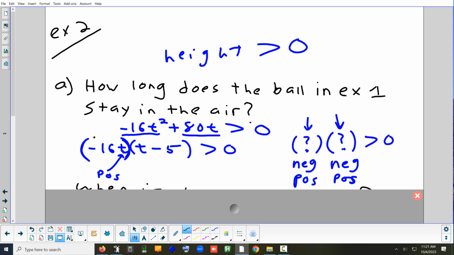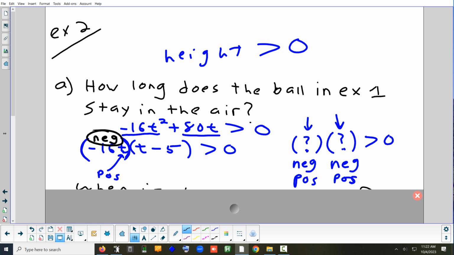Negative. Right. This is always going to be a negative, because you're taking a positive value and you're multiplying by negative 16. A positive times a negative is always going to make that first parenthesis a negative. So you're forced into that.